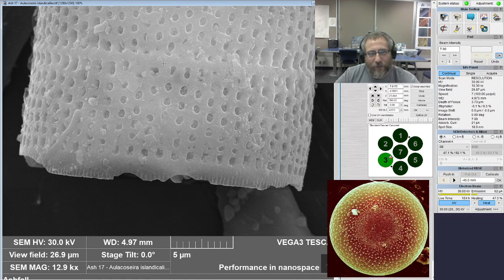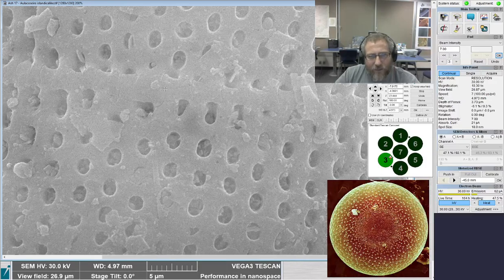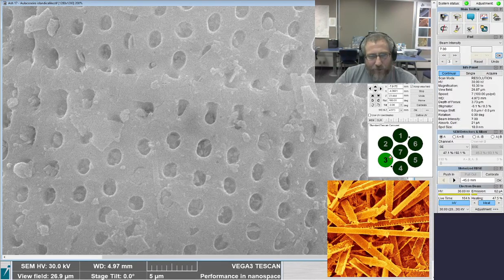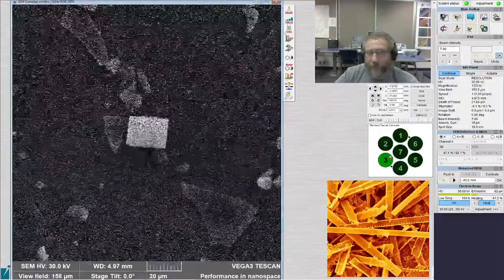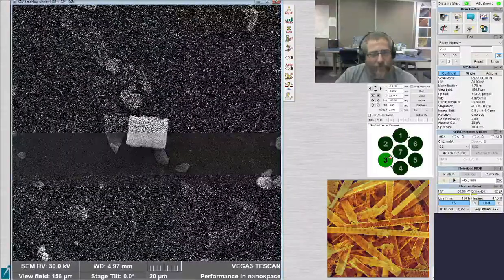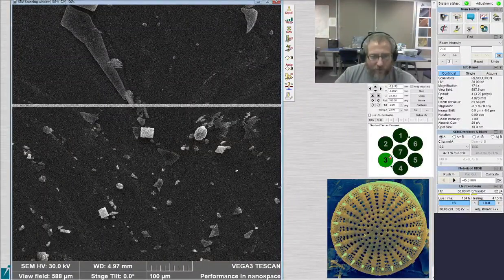You can see the spines in here are kind of spatulate shaped. So moving in did help. Yeah, that looks nice. You have to bring it out a little.